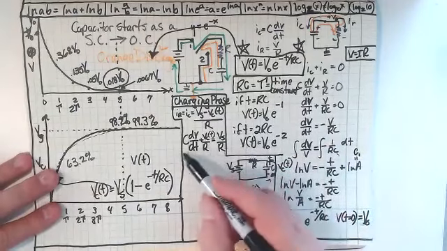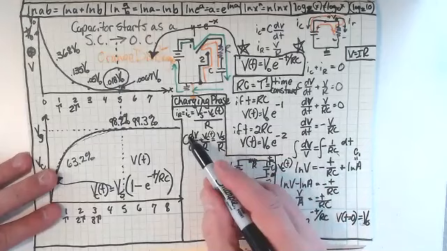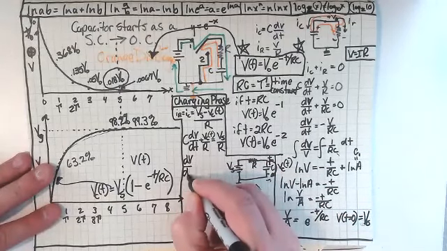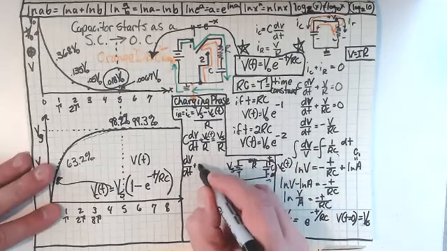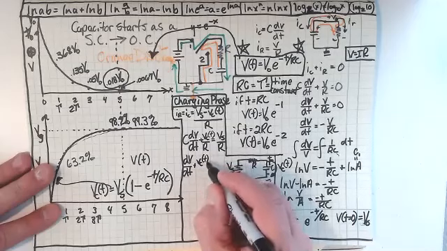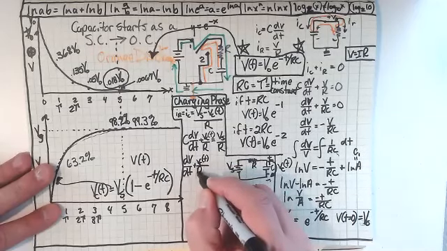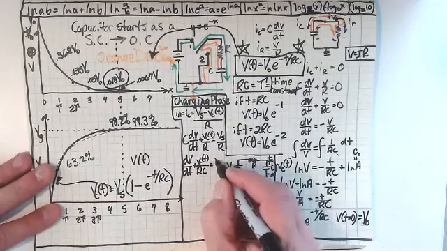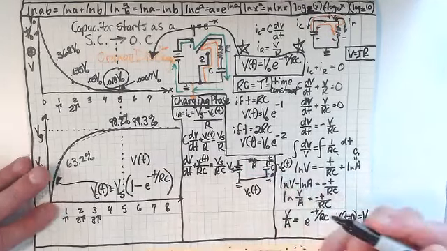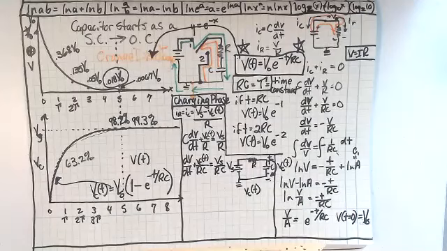Now, I think you can see what I'm going to do next. I'm going to divide both sides by C. So I get dV over dt plus V, the voltage across the capacitor at any time, divided by RC, equals the voltage at the source divided by RC. Does everyone see that? So I basically divided the whole thing by RC.